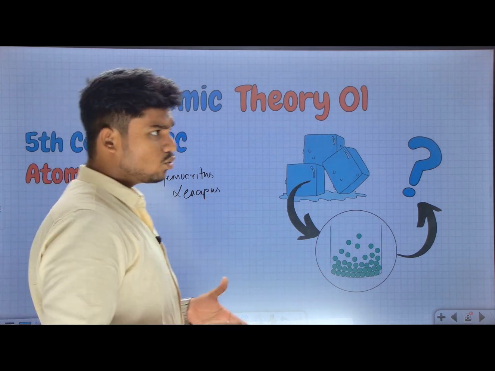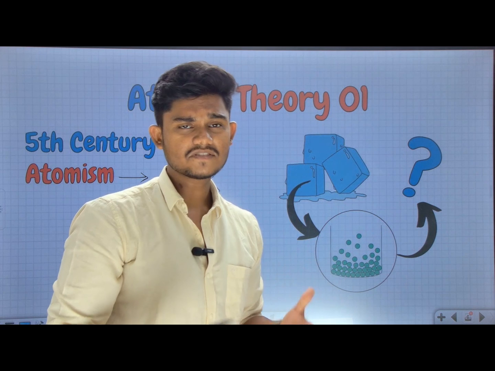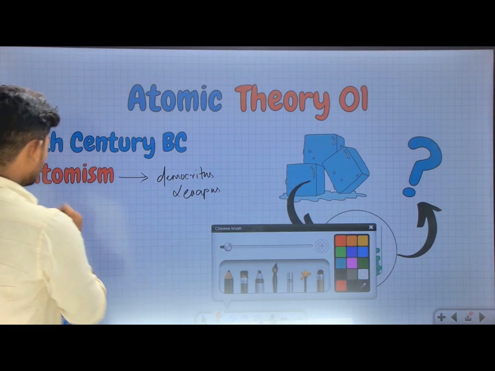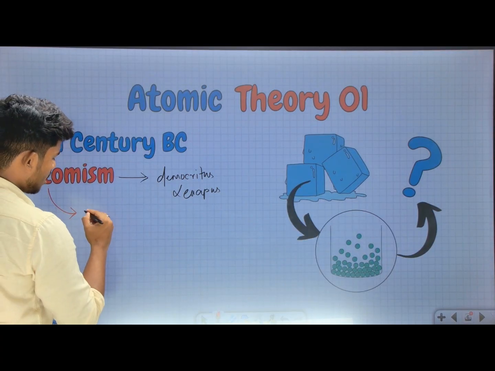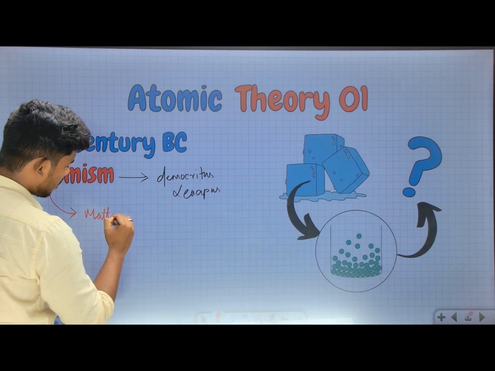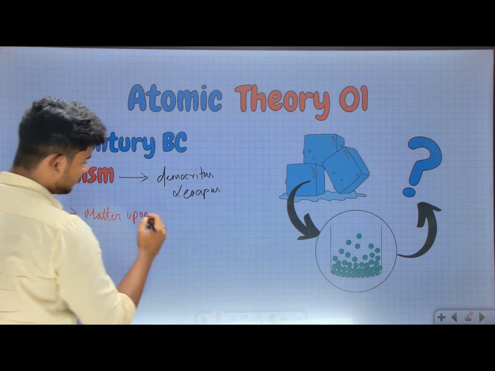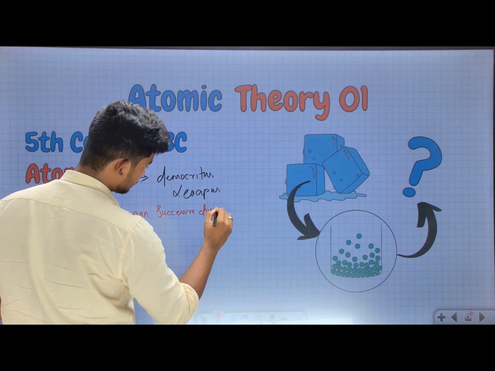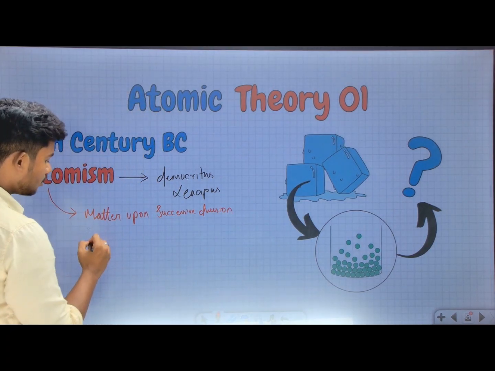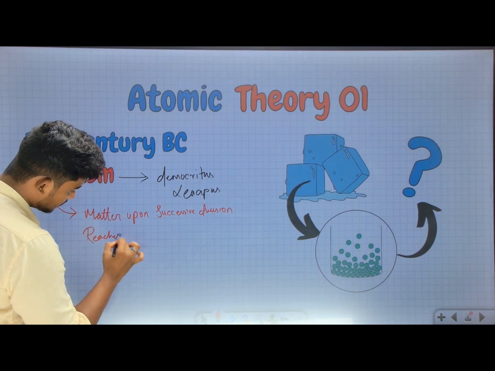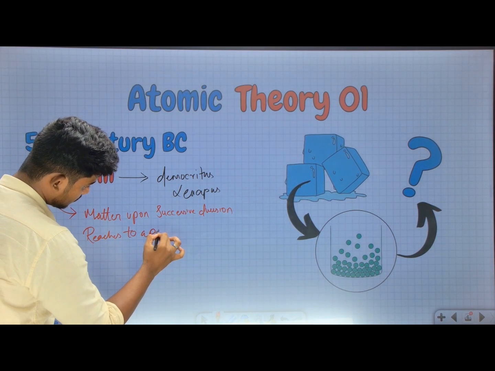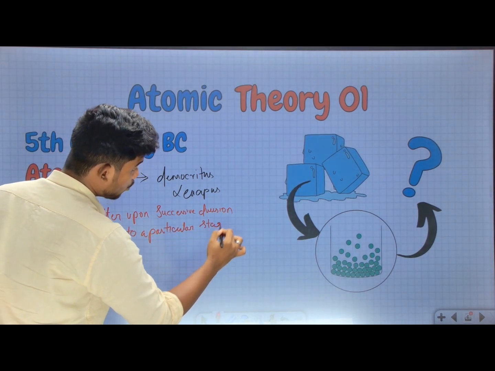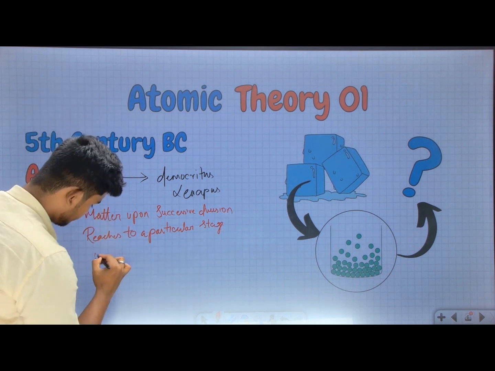According to these two philosophers, in 5th century, Democritus and Leucippus were philosophers, and according to them, atomism theory states that matter, upon successive division, reaches a particular stage where it cannot be divided further.